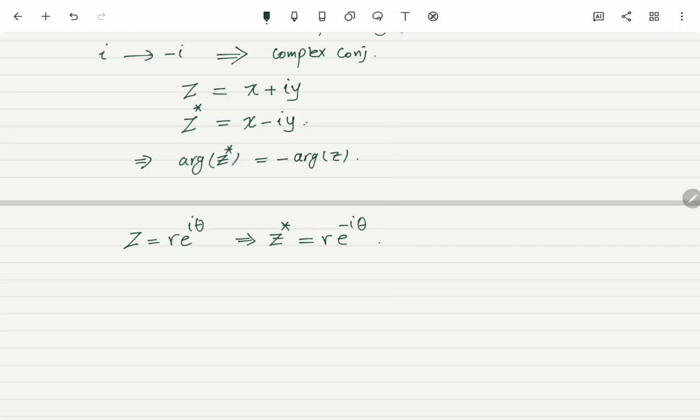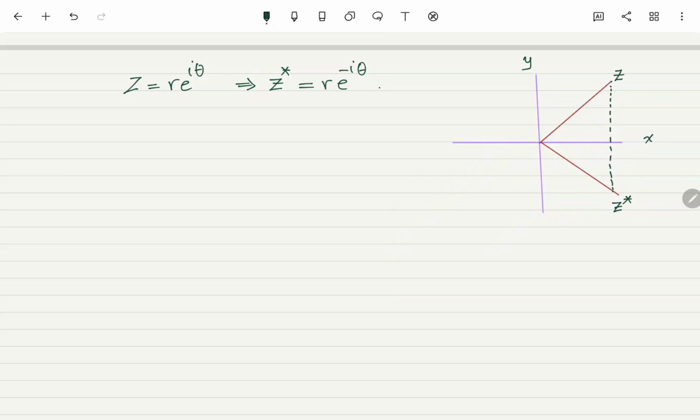The definition of complex conjugate is the mirror image of z about the real axis in the complex plane. Like in this one here, this is the mirror image. So if this is z, this will be z star, or the complex conjugate of z, assuming that this is x and this is y.